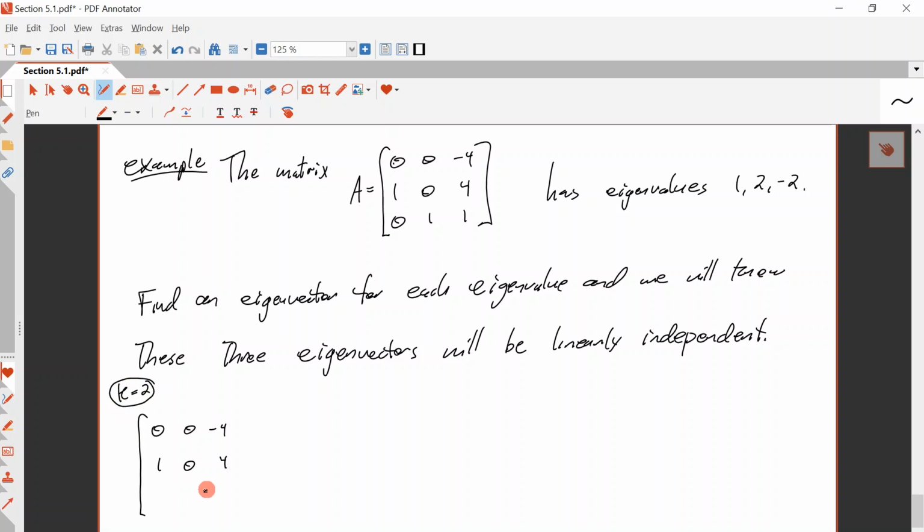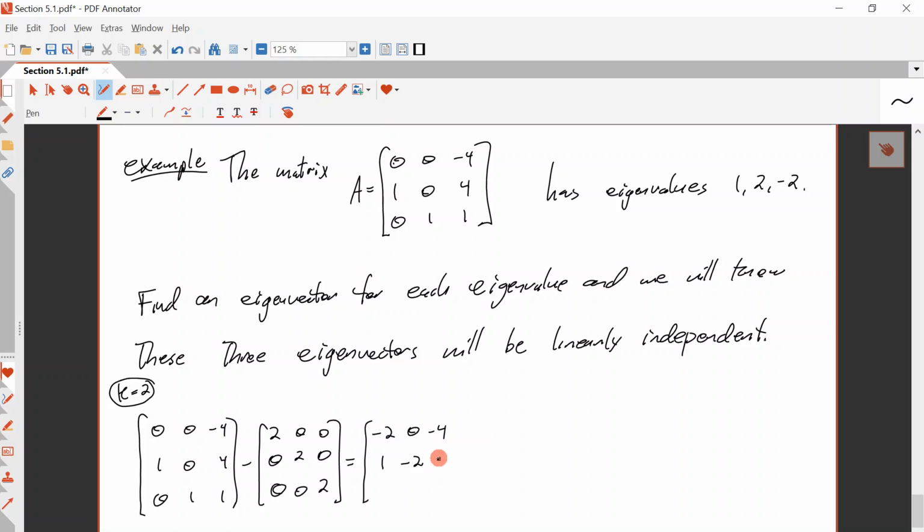So this is for eigenvalue k equal to 2. 0, 1, 1 minus 2, 0, 0, 0, 2, 0, 0, 0, 2 is equal to, so minus 2, 0, minus 4, 1 minus 2, 4, 0, 1 minus 1, like that.